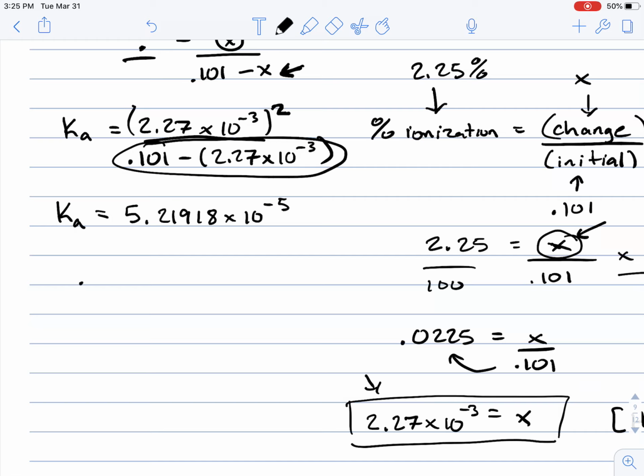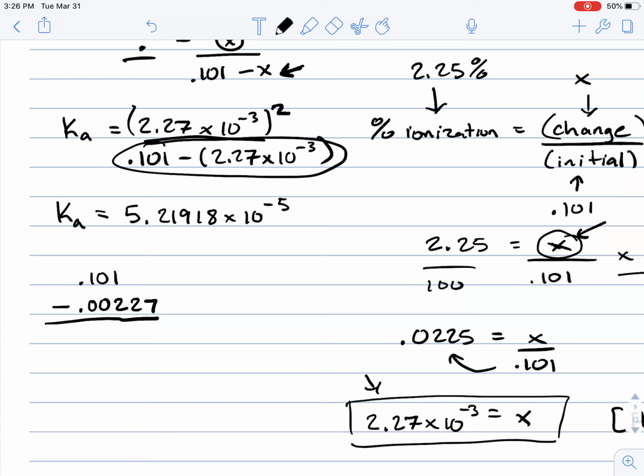So we have 0.101, and then we're going to subtract 2.27 times 10 to the negative 3. So that's 2 zeros before the 2, and 2, 7. Okay.